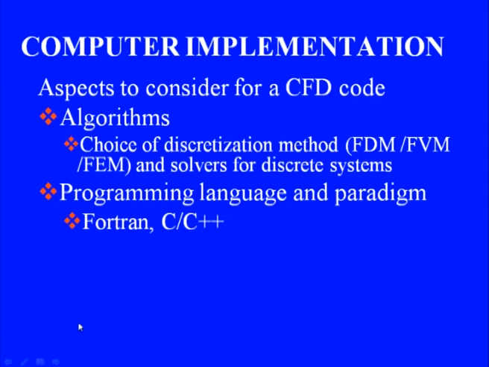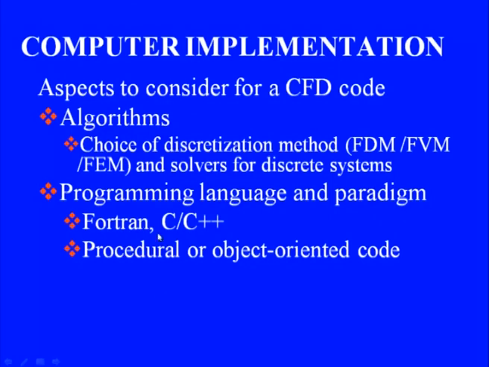The most popular languages in CFD applications have been Fortran, which has been used since the 1960s, and more recently C and C++ have been claiming the space which was earlier exclusively occupied by Fortran. Then should we go for a procedural approach, which is the way Fortran works, or should we go for an object oriented code, which gives us what we call an easily modifiable program. So, we have to make a choice of these two.